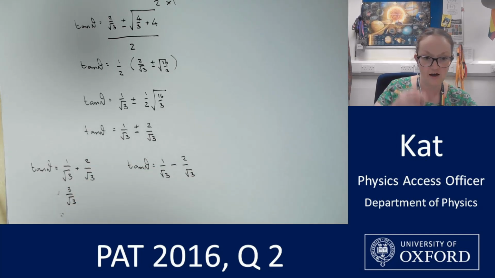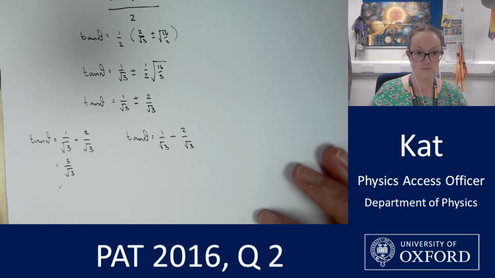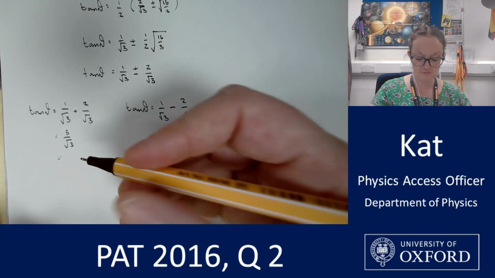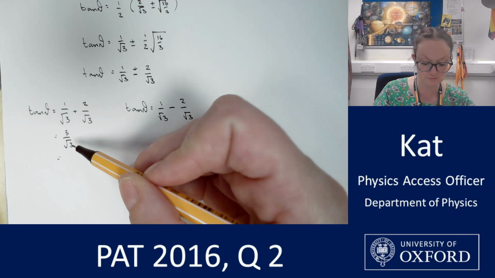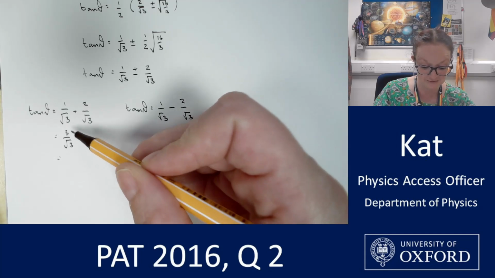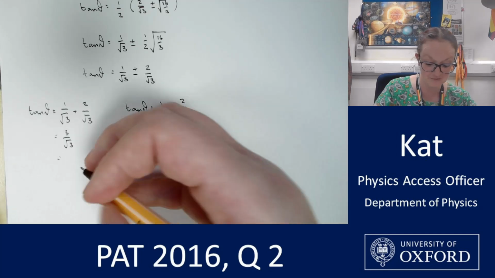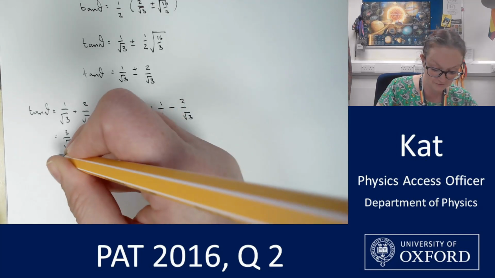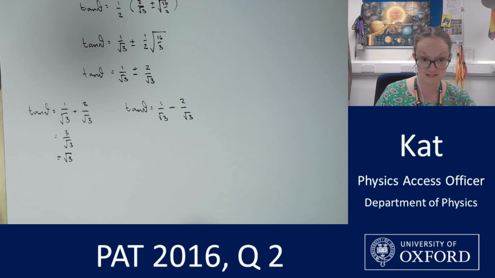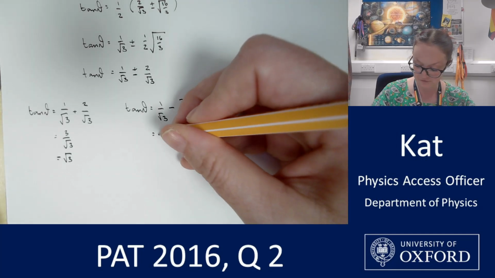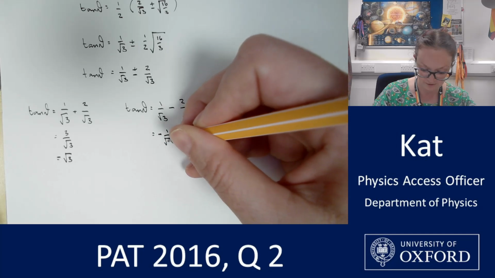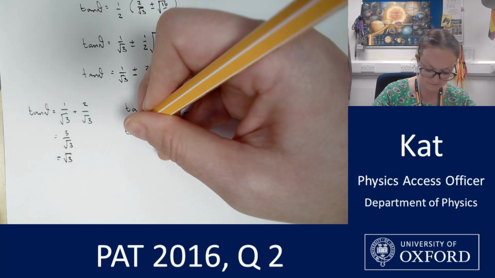And if I rationalise that by multiplying the top and the bottom of my fraction by root 3, I'll get 3 root 3 over root 3 root 3, which is 3 root 3 over 3, which is just root 3. So that's my first option for tan theta. My second option for tan theta is just negative 1 over root 3.